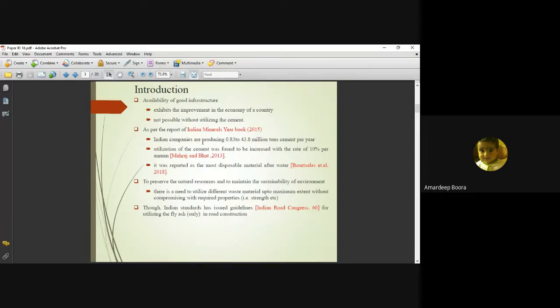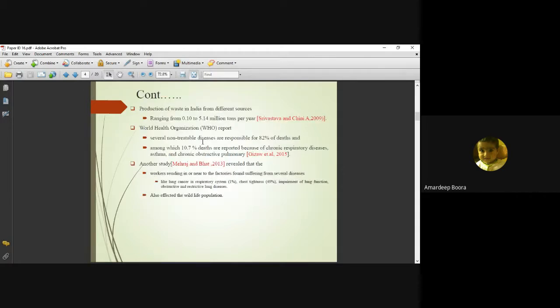Some guidelines have been issued by Indian standards like IRC 60, which is lime fly ash concrete, in order to utilize fly ash, and GGBFS also, for which there are IS 12089 and 455 for Portland slag cement and granulated slag cement, to utilize those in concrete. But what about the other waste materials? These are not the only few waste materials affecting our community.